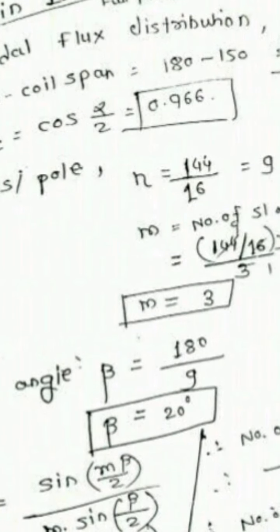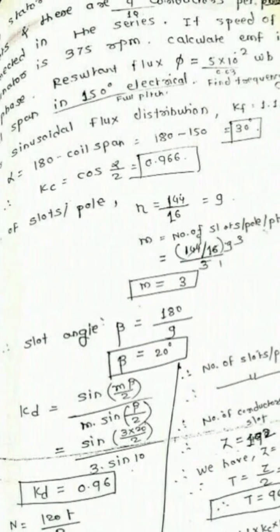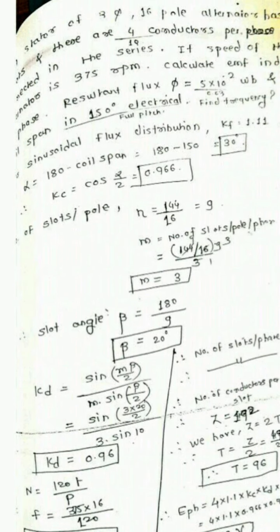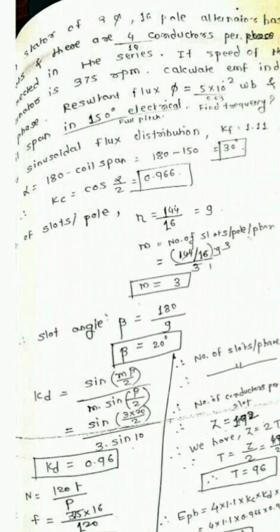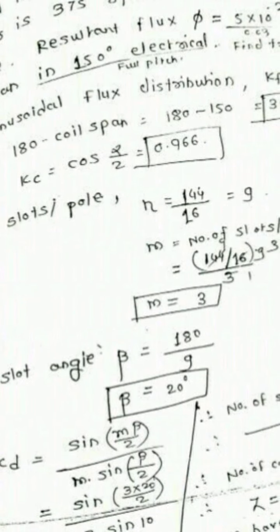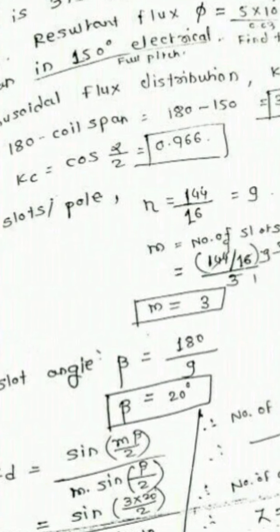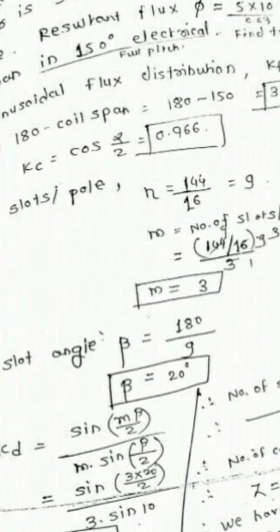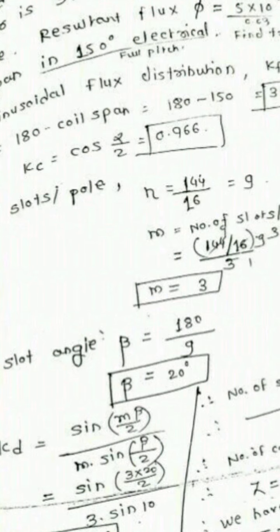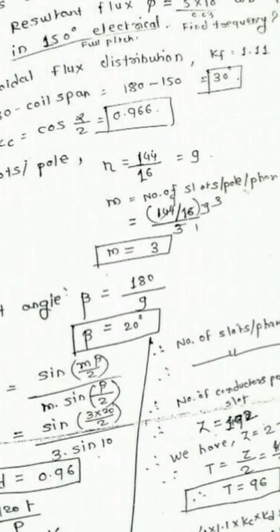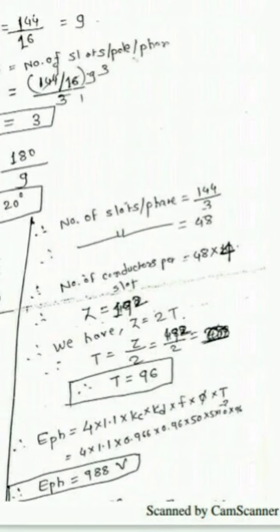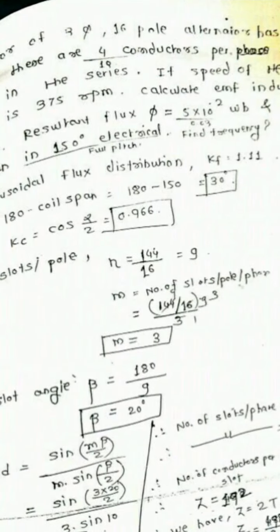For finding alpha, we take 180 minus the coil span, so the value of alpha is 30 degrees. Substituting this into the equation, kc equal to cos alpha by 2 gives the value of kc or kp, that is 0.966.